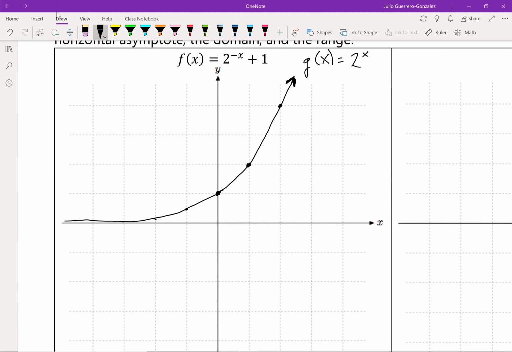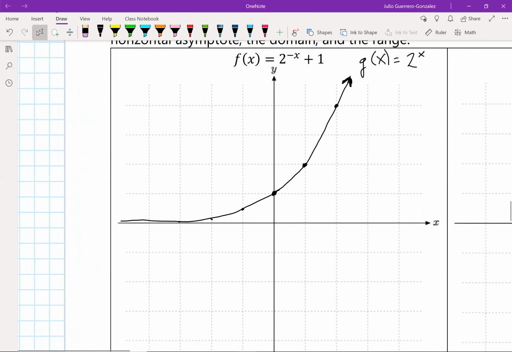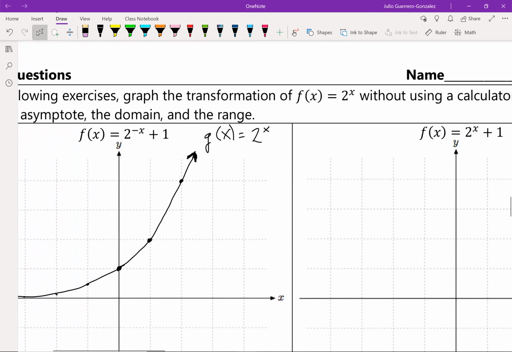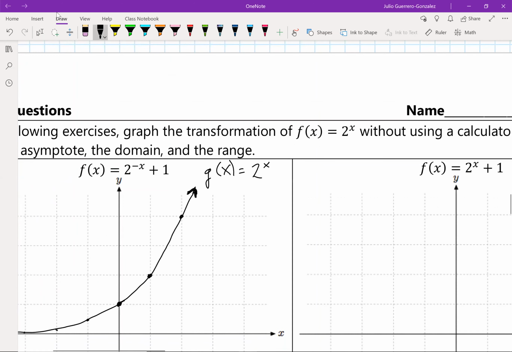Cool. Remember how I put it in a previous section? I'm going to write it up here.